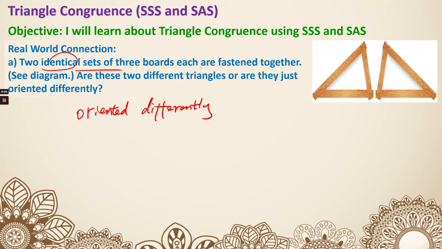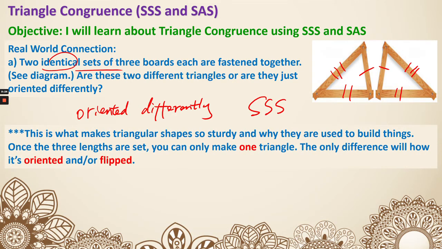If they're identical sets of three boards, basically saying these 2 are the same boards, these 2 are the same boards, and these 2 are the same boards, then based on the definition we just talked about, SSS, these 2 triangles are congruent triangles. So they are basically the same triangle, just oriented differently.